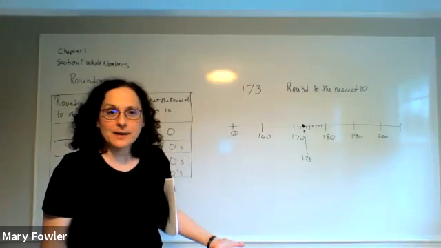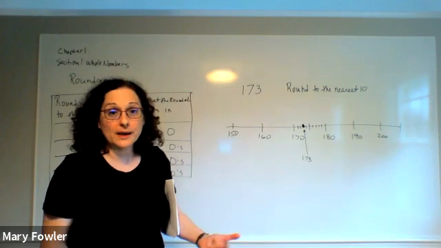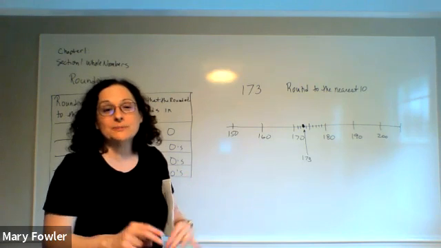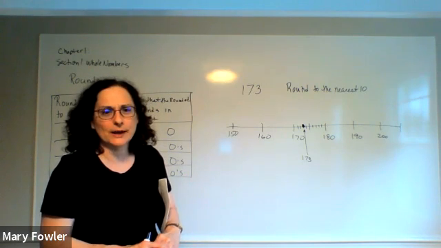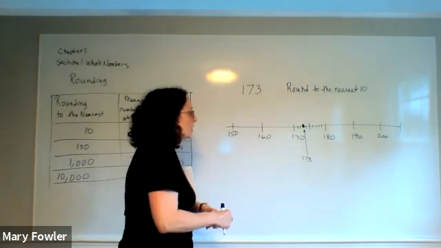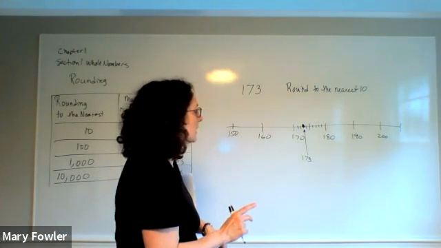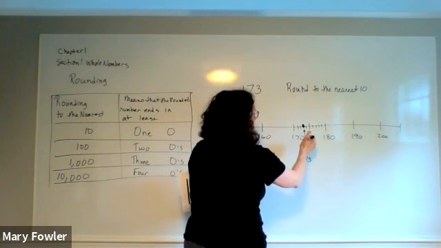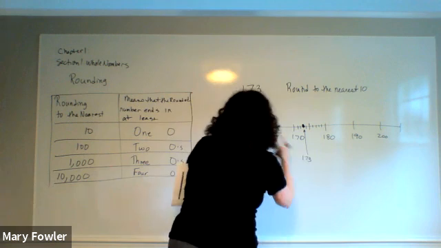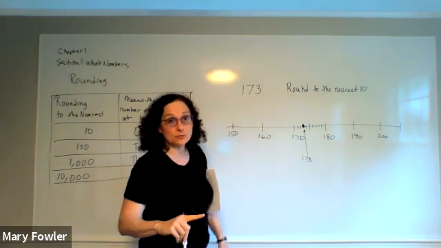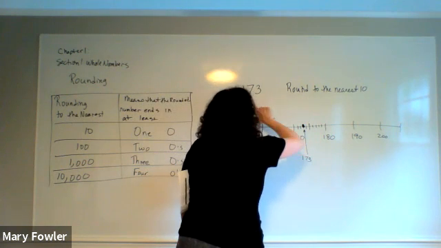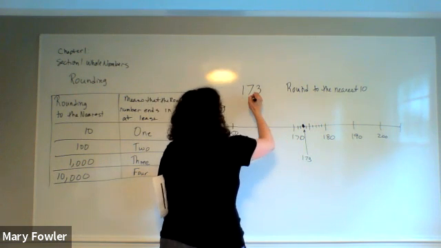But I'd like to be able to round without drawing a number line, just by looking at the digits. So we have a rule in rounding. We'll go through that rule in a minute. So we want to round 173 to the nearest 10.